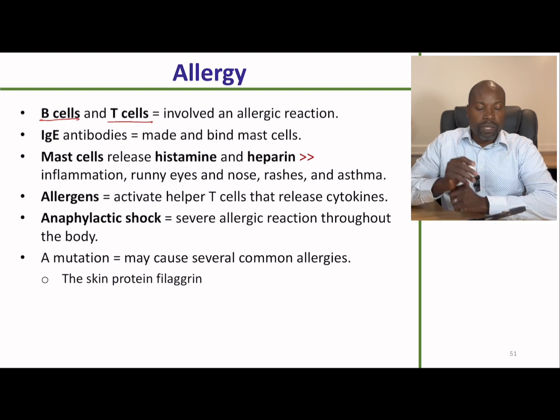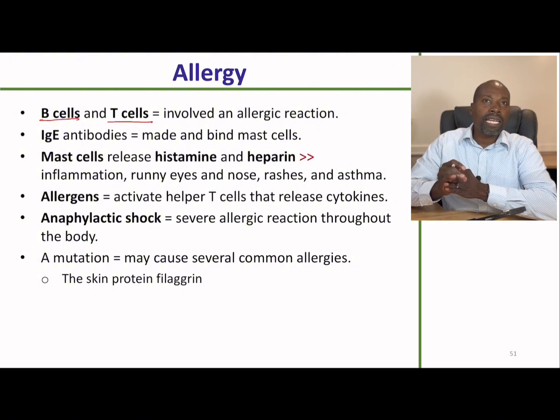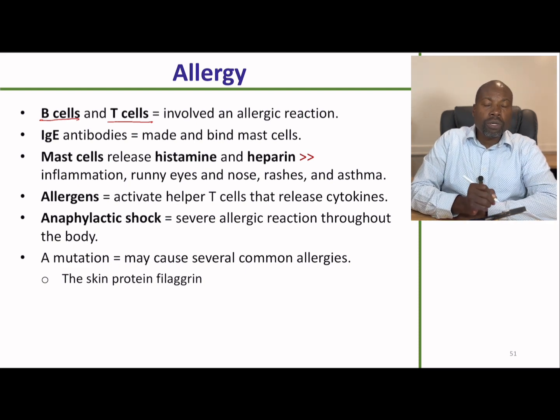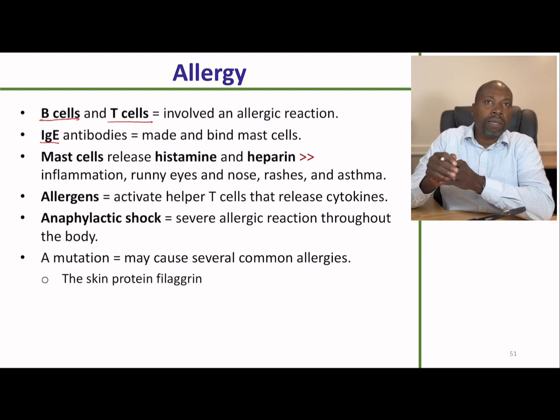Now, for the non-cellular parts, we're going to have immunoglobulins. And again, immunoglobulins are also called antibodies, right? So immunoglobulins class E, so IgEs, are going to play a very important role in allergic reactions.